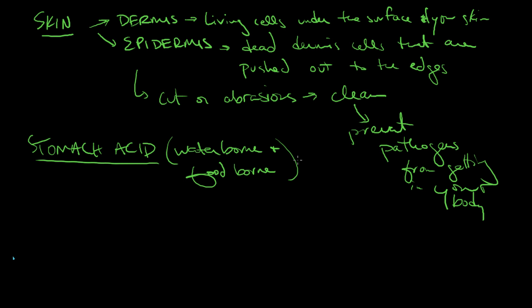Right when you ingest the food, it goes in your mouth. It finds its way down your esophagus into your stomach, and that stomach acid, which is hydrochloric acid, which has a pH of about 1.5 to 3, so it's highly acidic. And remember, it's acidic so that the proteases, pepsin in particular, is at its optimal pH, so it's not denatured and it functions very quickly.